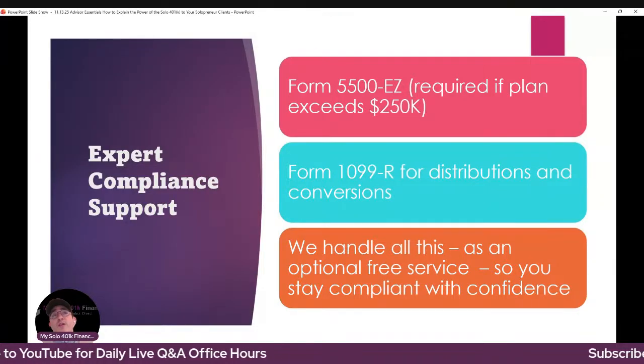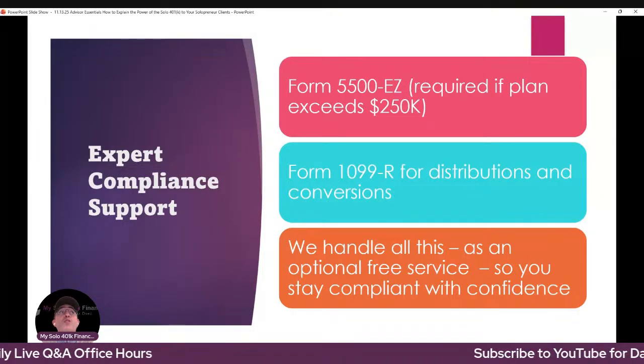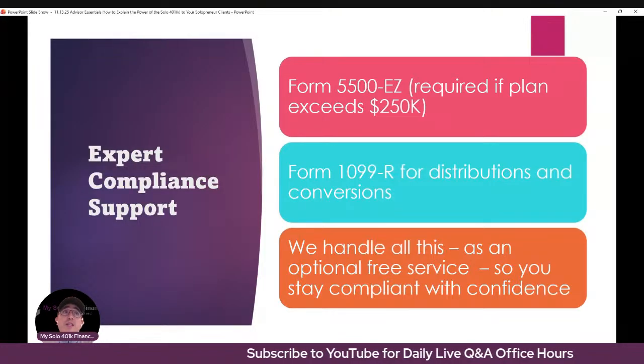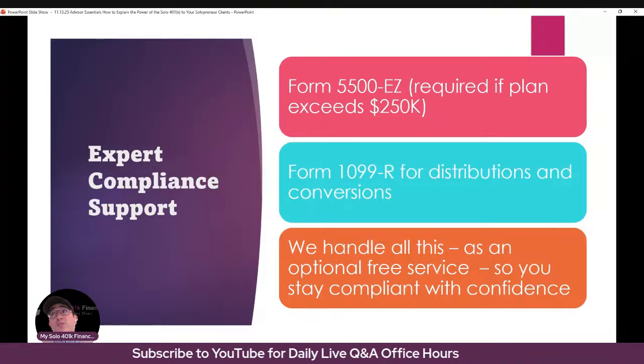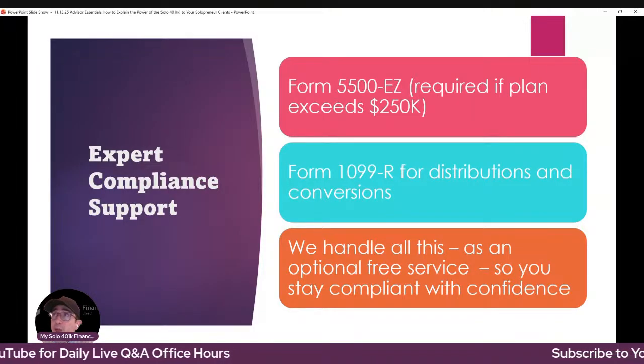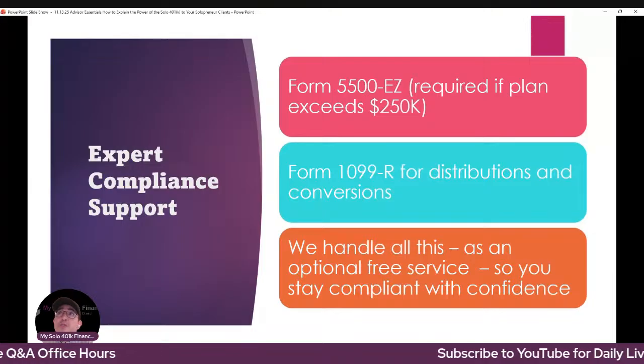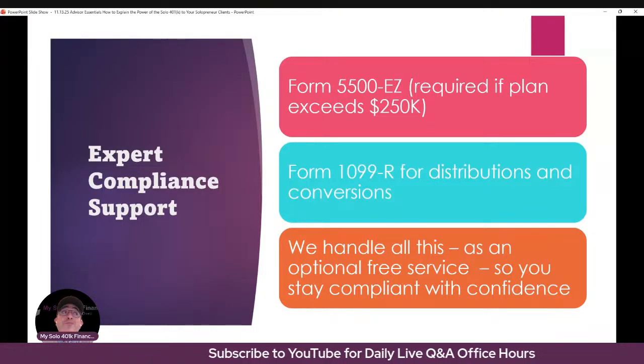The name of that informational tax filing form is Form 5500-EZ. So as long as clients or their advisors let us know once the value exceeds $250,000, we'll add their plan to the queue and prepare the 5500-EZ as an optional free service. In other words, no additional charge. And we do it under the electronic filing system to make it easy for all parties.